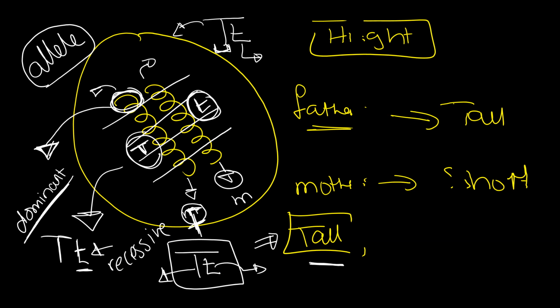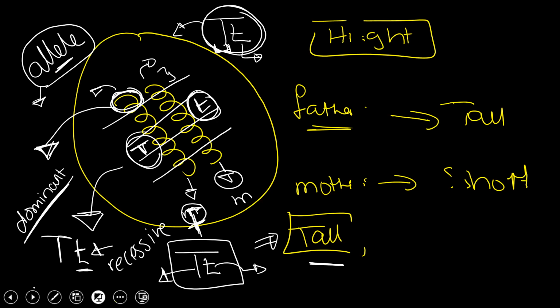A gene is a section of DNA that codes for a particular protein, a particular characteristic. This gene is made up of how many parts? 2. This gene is made up of 2 alleles. Alleles are the alternative forms of the gene.